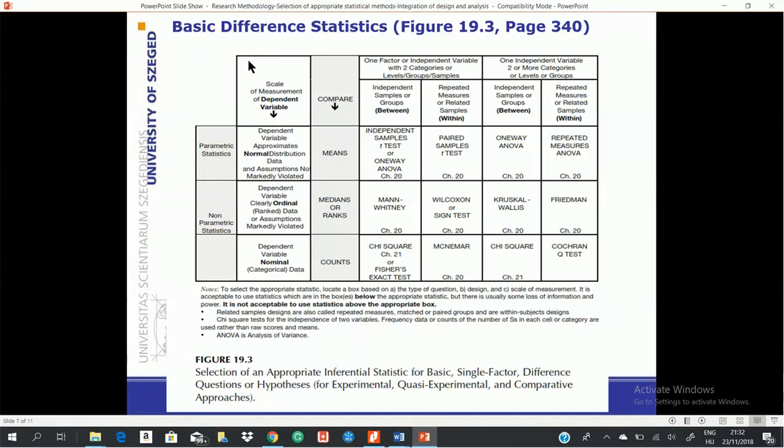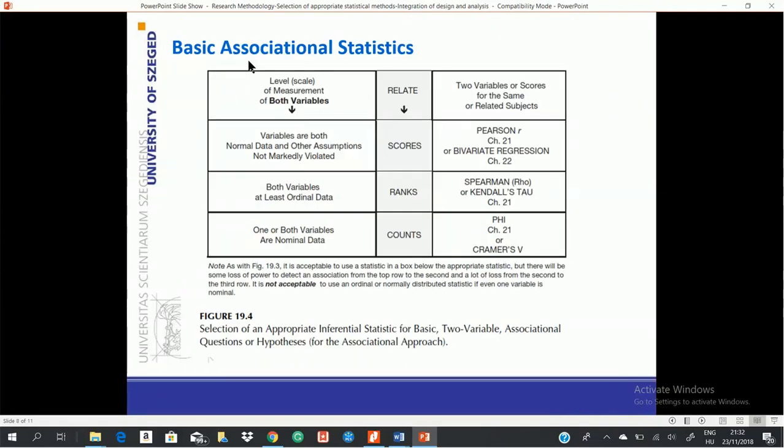Okay, let's go to the next table. This figure is basic associational statistics. It means relating one variable with another variable.